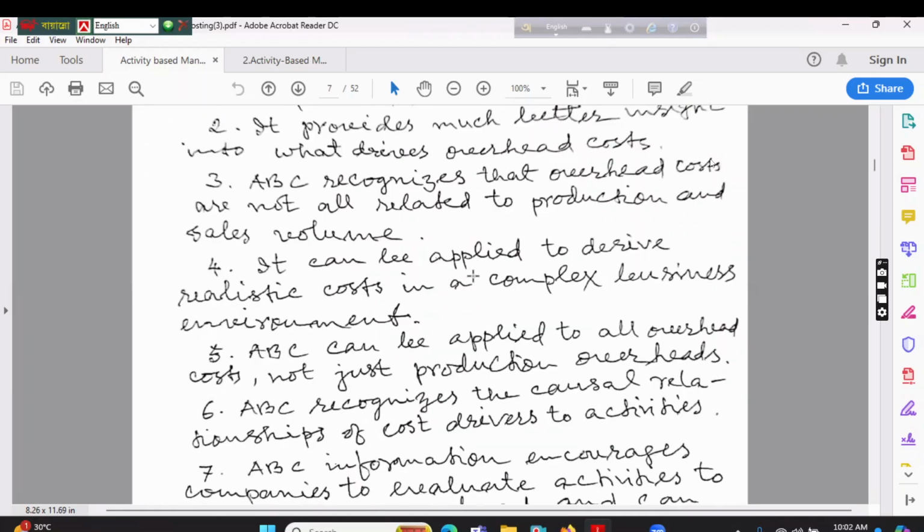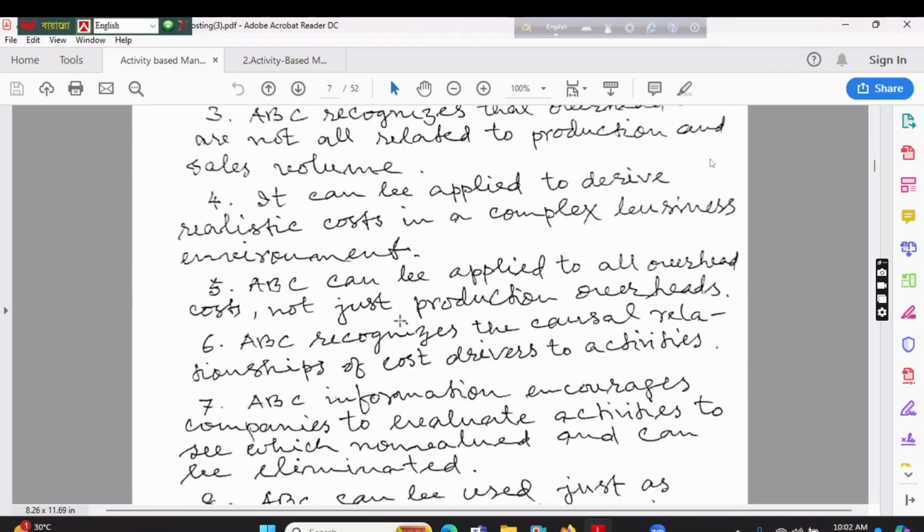ABC can be applied to derive realistic cost in a complex business environment. ABC can be applied to all overhead costs, not just production overheads. Production, that means manufacturing overheads.